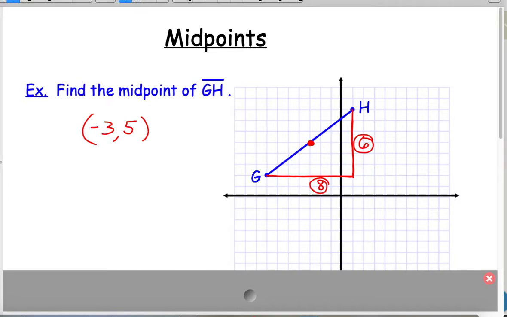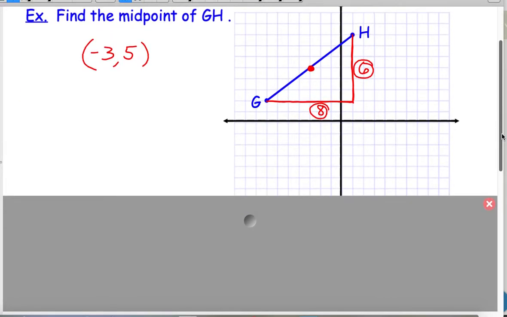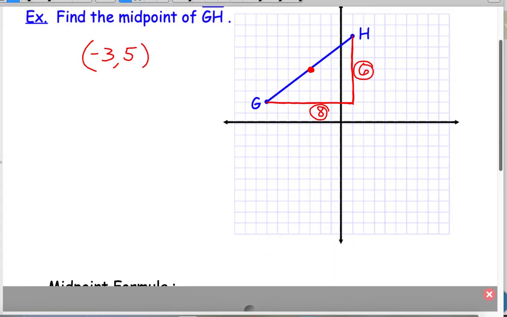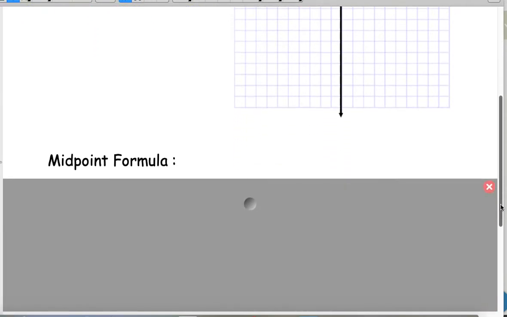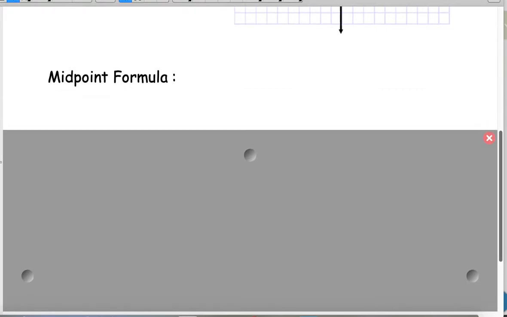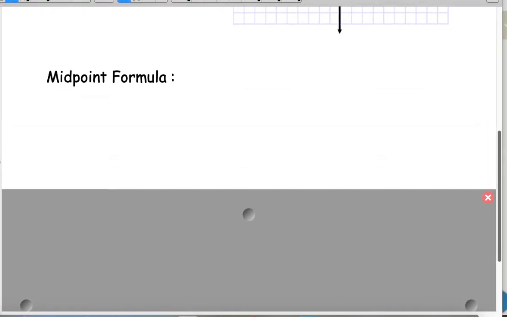All right, so I mentioned there is another way to do this instead of looking at it visually, and there's a midpoint formula. But in order to use the midpoint formula, we're going to have to use the coordinates of the points. So let me give you the general formula, and then we'll go back and apply it.